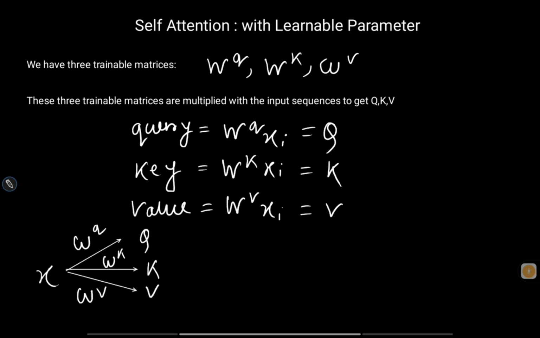So we are passing the x, and x is getting multiplied with Wq, Wk and Wv, and we are getting the corresponding q, k, v. This query, key and value concept came from the Attention Is All You Need paper, and that is the learnable parameter which we have introduced in this architecture, right?